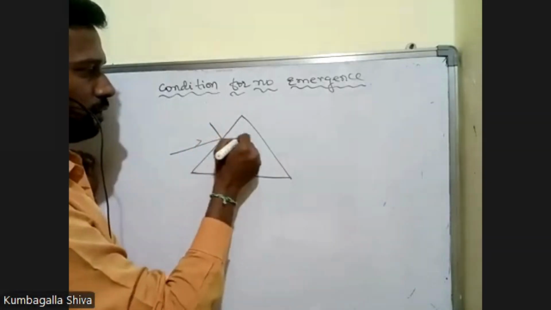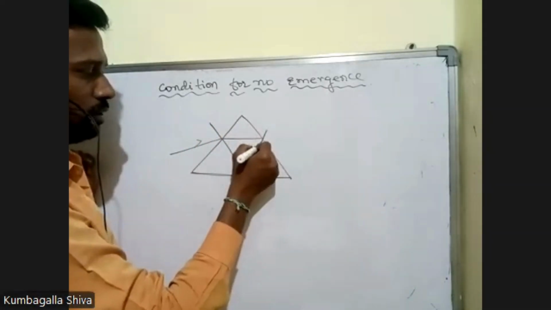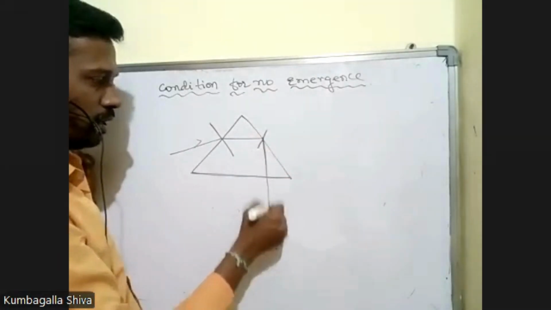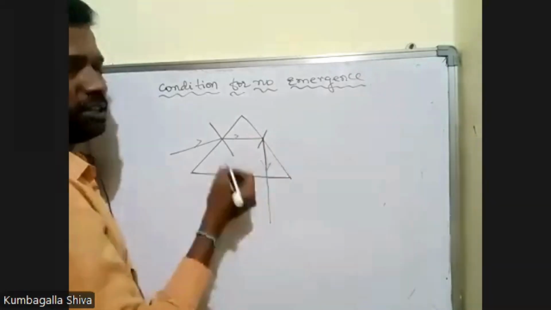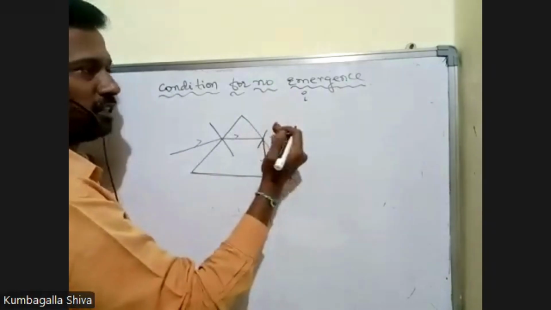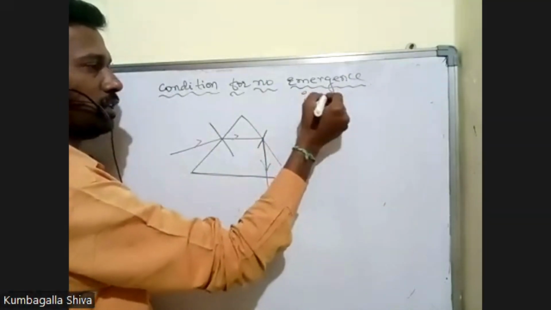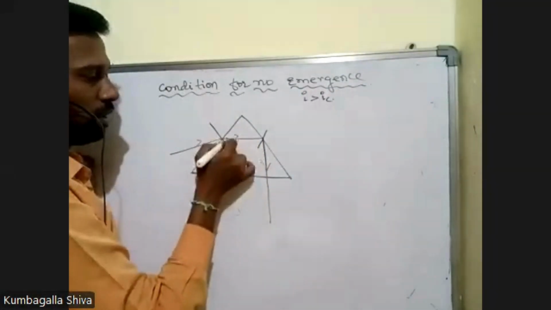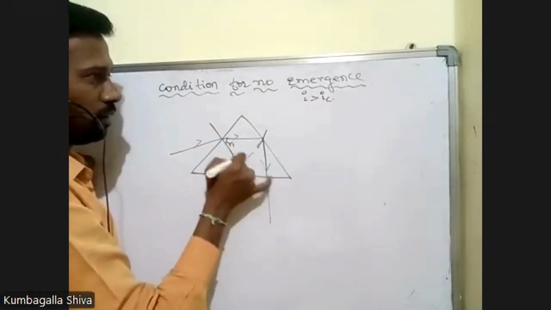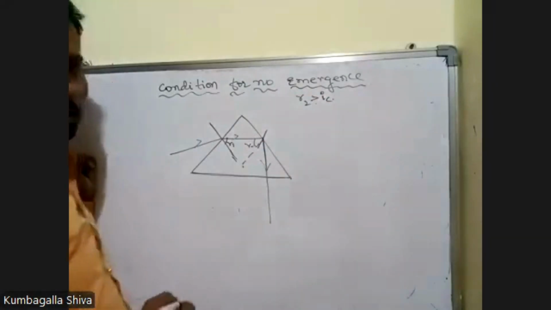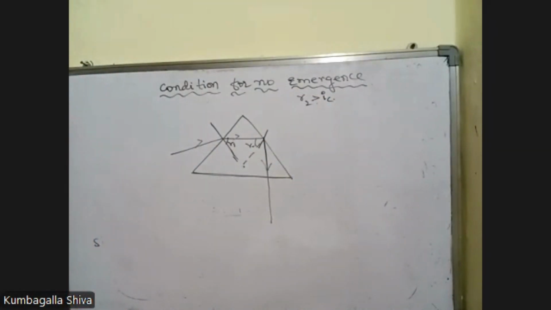If it is reflected, you will see there is no grazing emergence. Grazing emergence means it will have a total internal reflection. When can this happen? The incident ray striking the second surface should be greater than the critical angle. On this side you have R1 and on this side R2, so the condition is R2 is greater than IC.